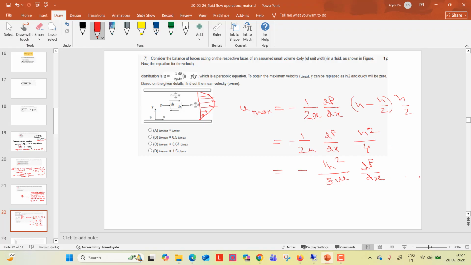Now what is q? u mean means the volumetric flow rate divided by its area.